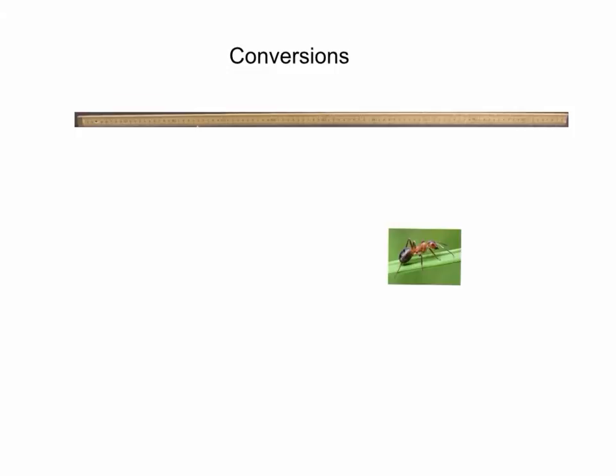So what can we do to fix that? Well, we need to define a unit that's much smaller. It's much easier to use when dealing with something so small. So what we do with the meter is we start to divide it. So we're going to take this meter stick and we're going to divide it into 100 little pieces, 100 equal pieces. And each of these pieces we will call a centimeter.